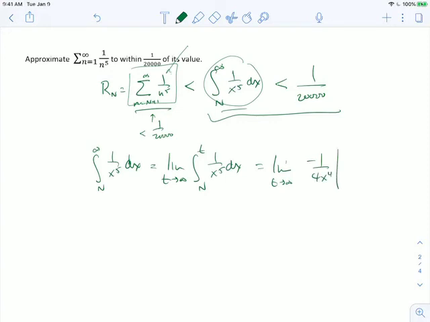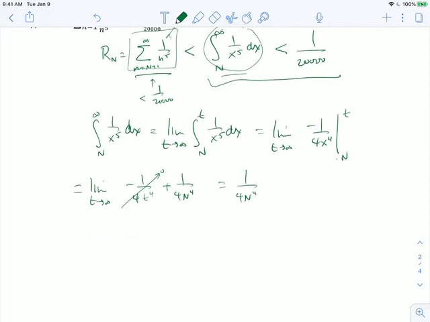It's negative 1/4 x to the negative 4. As t gets big, that goes to 0, so the value of my integral is 1 over 4 n to the fourth.